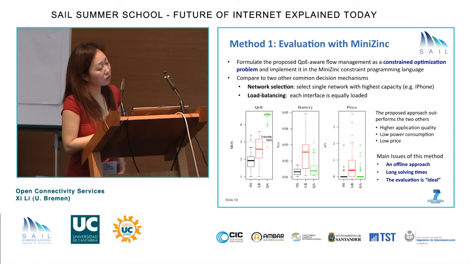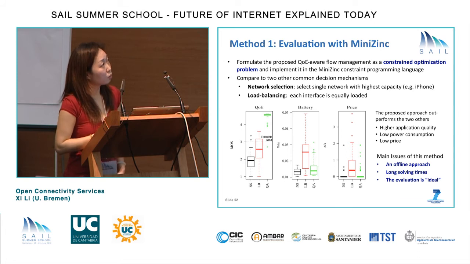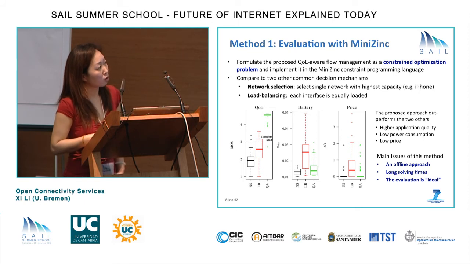The second mechanism is load balancing, which means we distribute application flow in such a way that each of the interfaces is equally loaded. We compare the obtained quality of experience of these three approaches, as well as the battery consumption and the network cost.